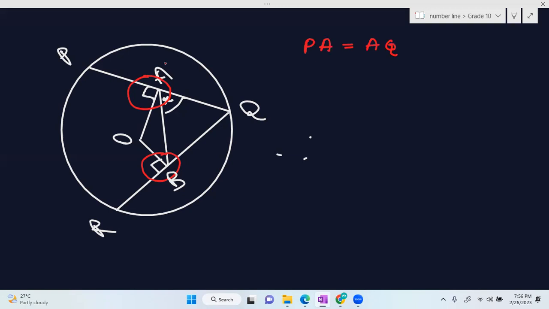They have given that OA is the perpendicular drawn to PQ. Therefore we can say PA equals AQ, and they have given OB is the perpendicular drawn to RQ. So we can say that RB is equal to BQ. If we write our results down, these two are equal and these two are equal.